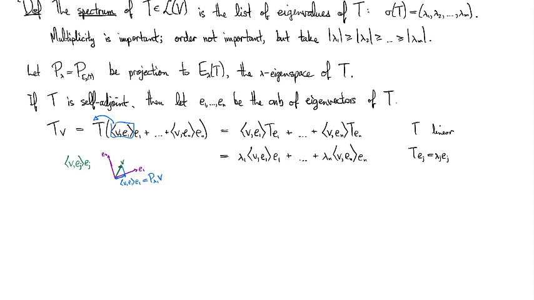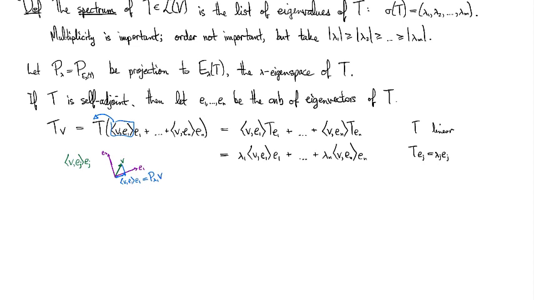That's how we're doing this decomposition. So going back to what we have over here, this is lambda 1 times the projection to the lambda 1 eigenspace of v, and these are all summed up, up to lambda n.